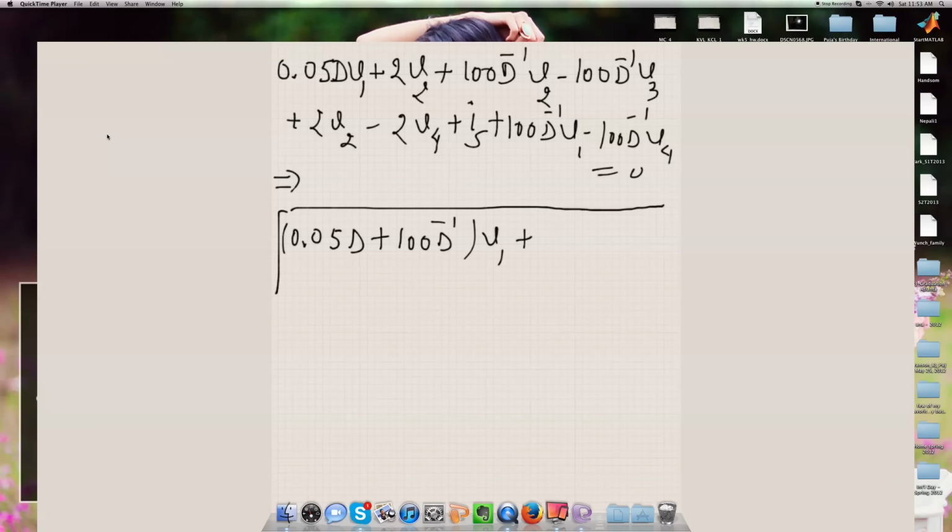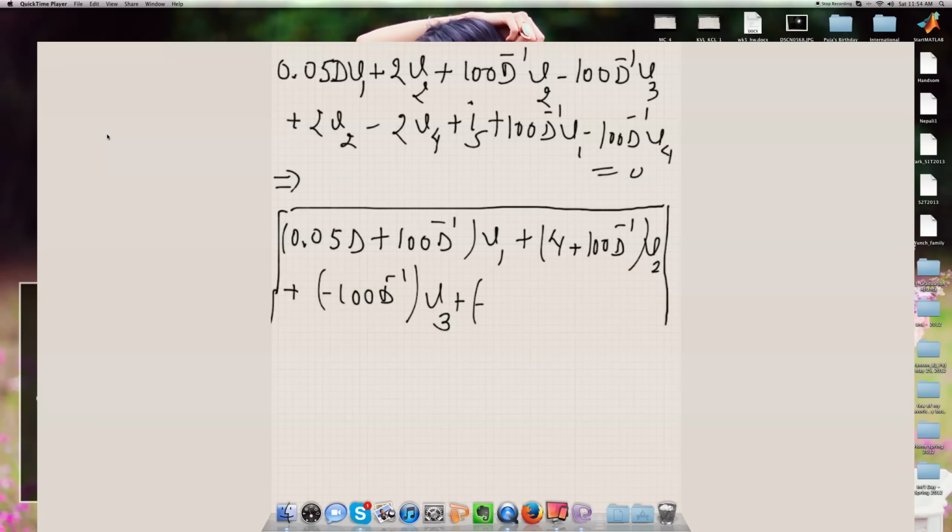Then the next is with V sub 2, which is 4 plus 100 integral, and then V sub 2. Next, we have those with V sub 3, so plus minus 100 integral V sub 3, plus minus 2 minus 100 integral V sub 4, equals minus I sub s. Lot of terms here. We got it all.